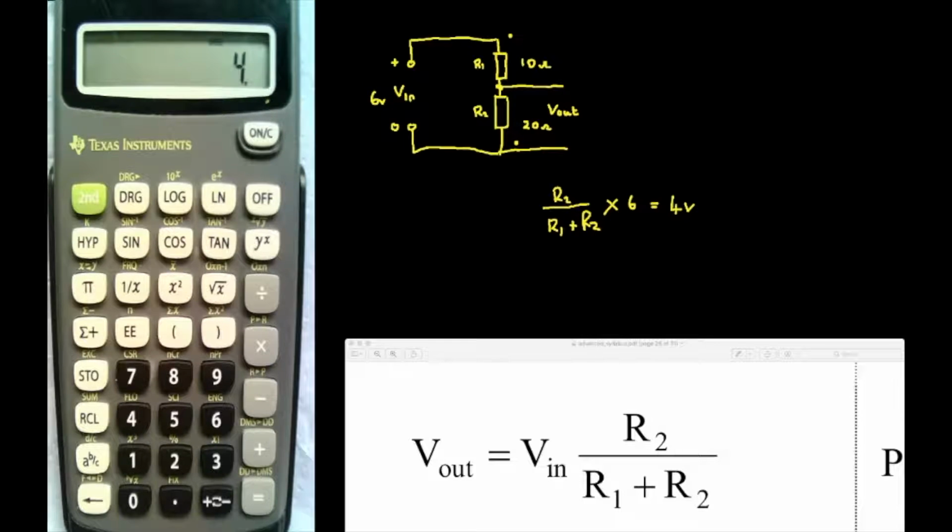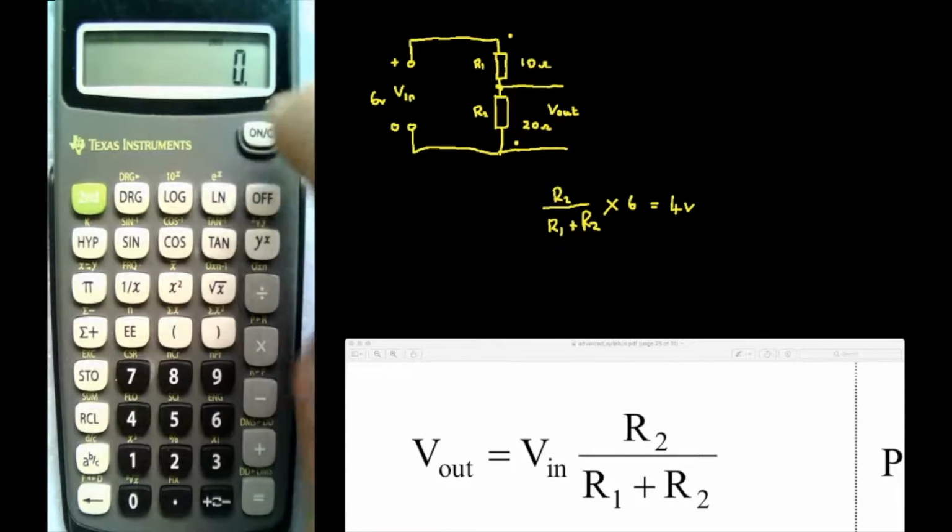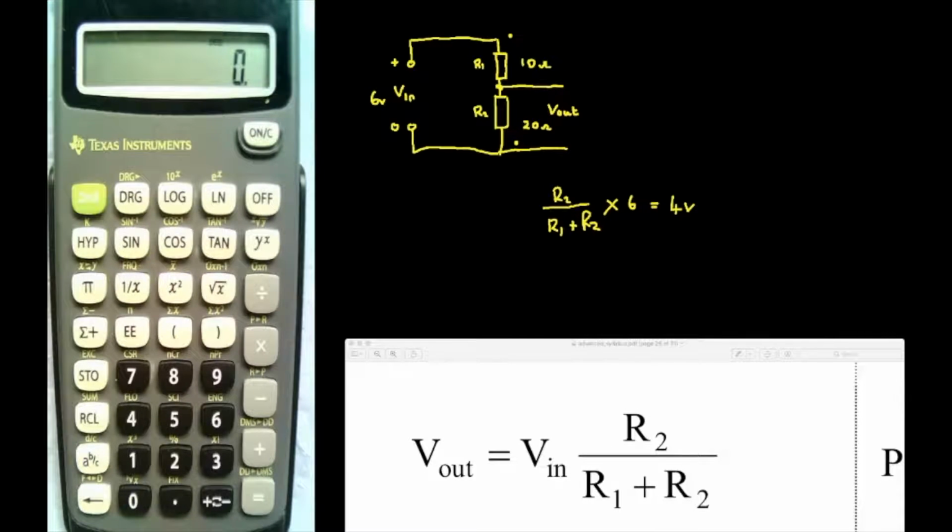Let's go through the keystrokes of that again. The best thing to do is to get rid of the fraction term first. So let's have a look at that. What we did is we said R2, which was 20, divided by, and then we need to clump the R1 plus R2, because it's 20 divided by the sum of R1 plus R2.